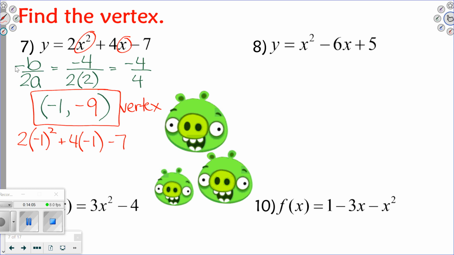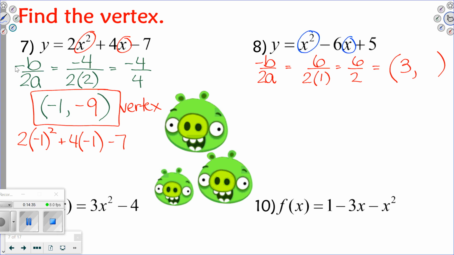All right, number 8. So again, always going with -b over 2a. So -b, +6, good, over 2 times, my a value is 1. So 6 over 2, which is 3. So that's the x part of my vertex. All right, so from there, we're going to go back.